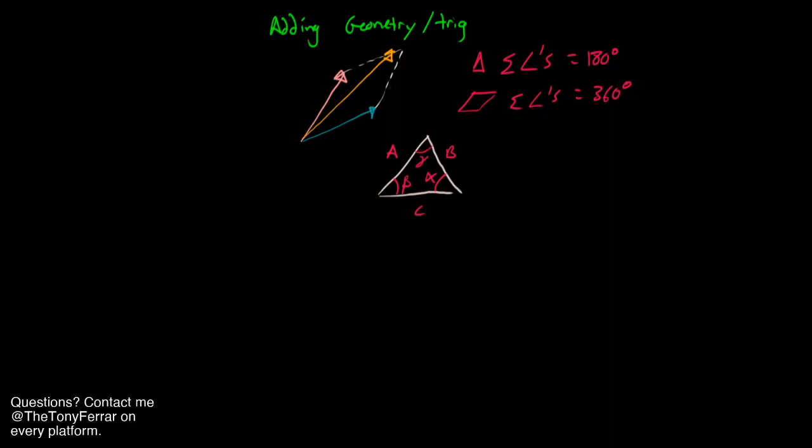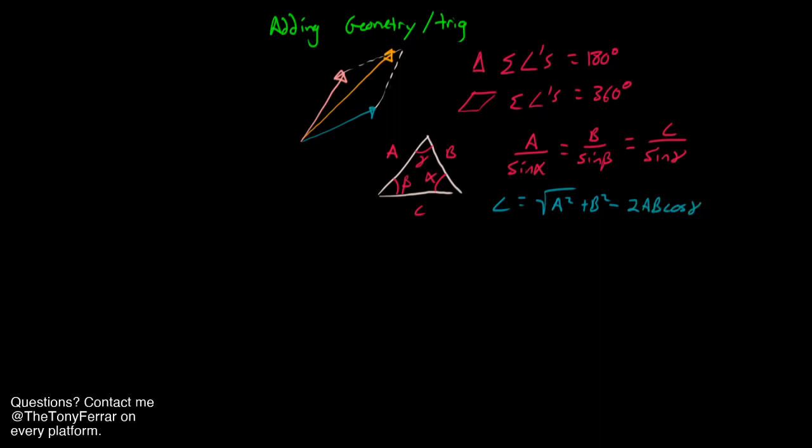Law of sines tells us that A over the sine of alpha has to be equal to B over the sine of beta, which has to be equal to C over the sine of gamma. And the law of cosines then tells us that C is equal to the square root of A squared plus B squared minus 2AB cosine gamma.